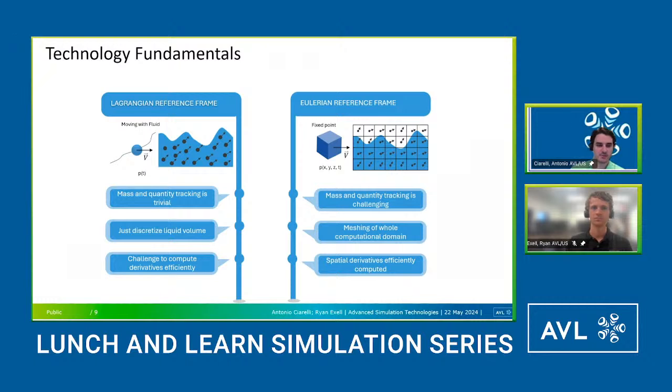So the fundamental background, it uses Lagrangian instead of Eulerian equations. This is, as you can see on the screen below, because it allows it to move with the fluid, reduces the tracking needed for the mass and quantity, and it's a better way to set it up for the volume and tracking properties of the solver.